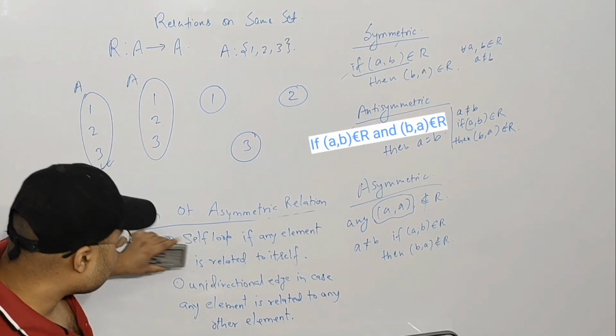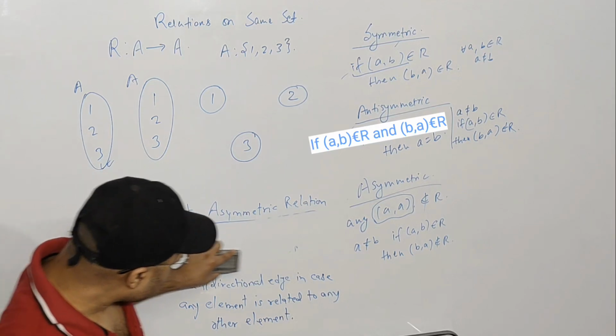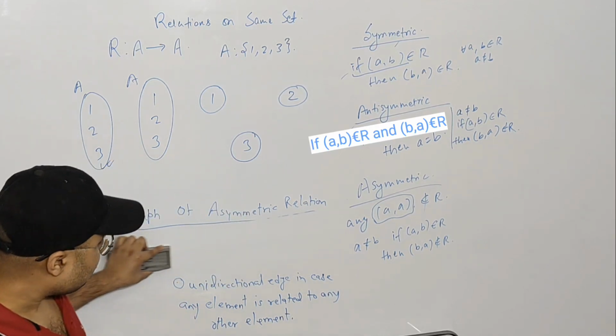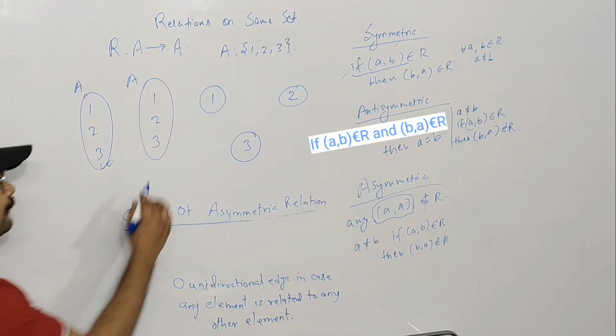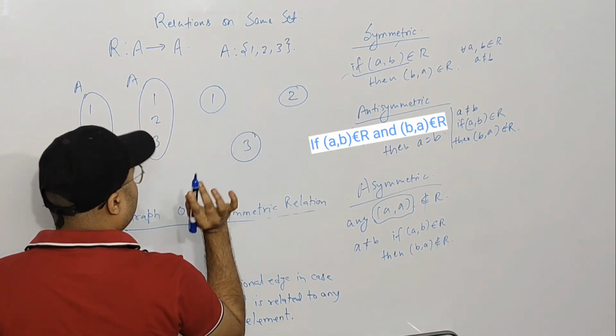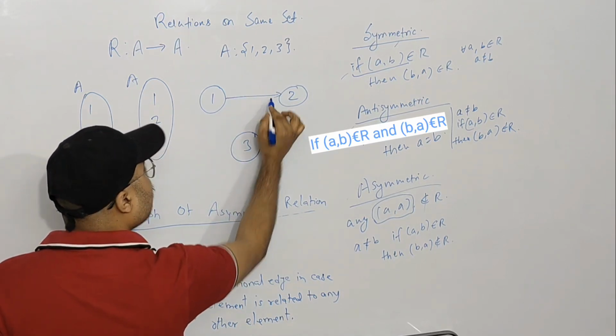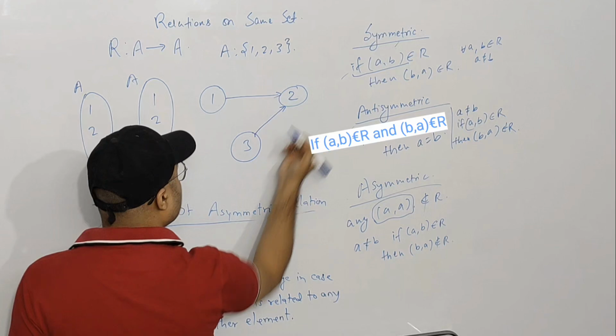So this part cannot be there, no self loop. And if there is a relation between two distinct elements, it has to be one way. So either 1 comma 2 or 2 comma 1, either 2 comma 3 or 3 comma 2.